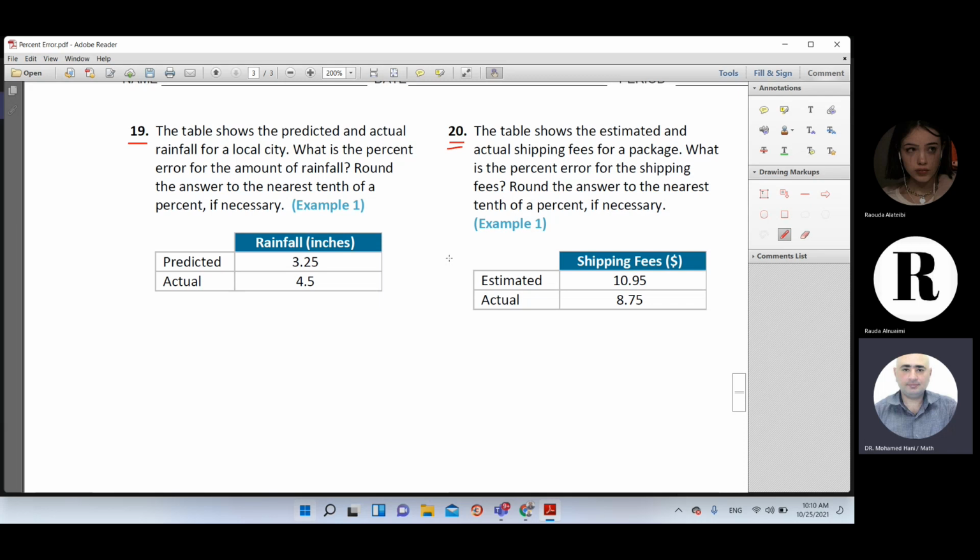Great, thank you. As you see here, we have two values. Here we have estimated, and here we have actual. So when you want to find the error, do minus between the two values. You can write here 9.95 minus 8.75.